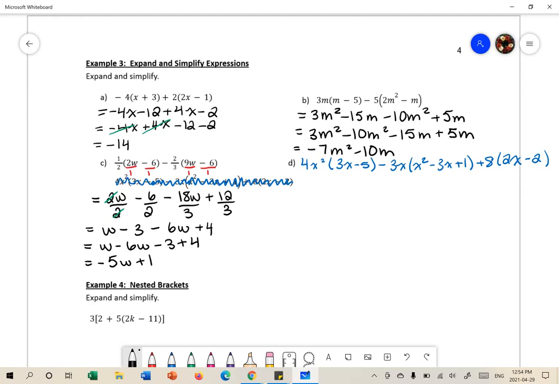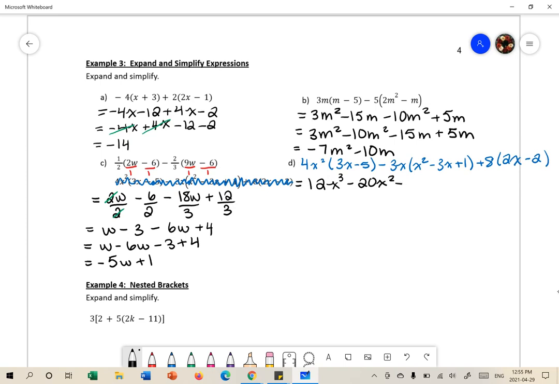Next, 14x squared times 3x. So I'm going to multiply my coefficients together and then remembering exponent laws, multiplying my variables together. 4x squared subtract 5 is negative 20x squared.